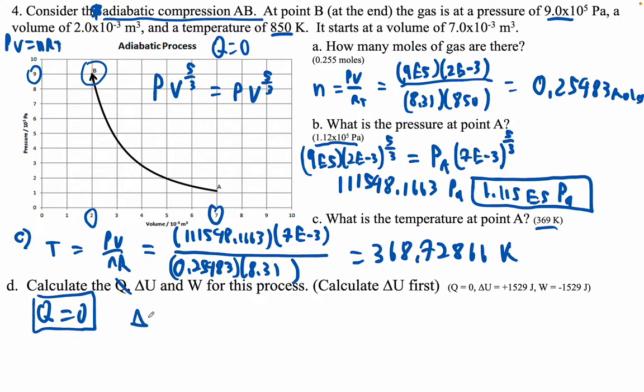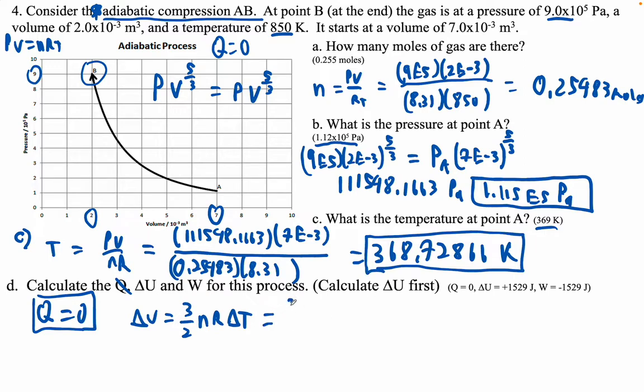So delta U is 3/2 n R delta T, and we can figure out the delta T because we now have the temperature at the beginning of the process, right? Okay, so we have the moles, right? 3/2 times 0.25483.